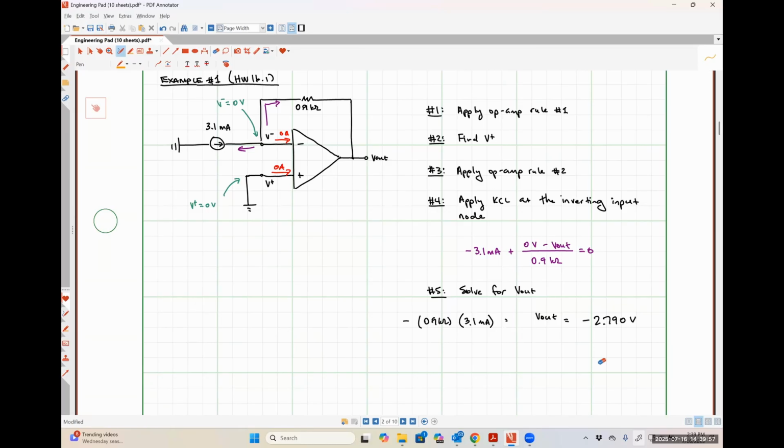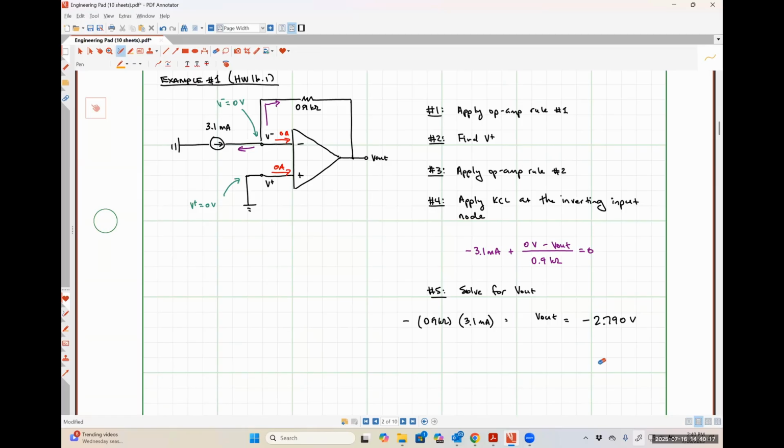Before I start messing with this, does anybody have any questions? Did this analysis process seem particularly difficult? No. Great, because it shouldn't be.